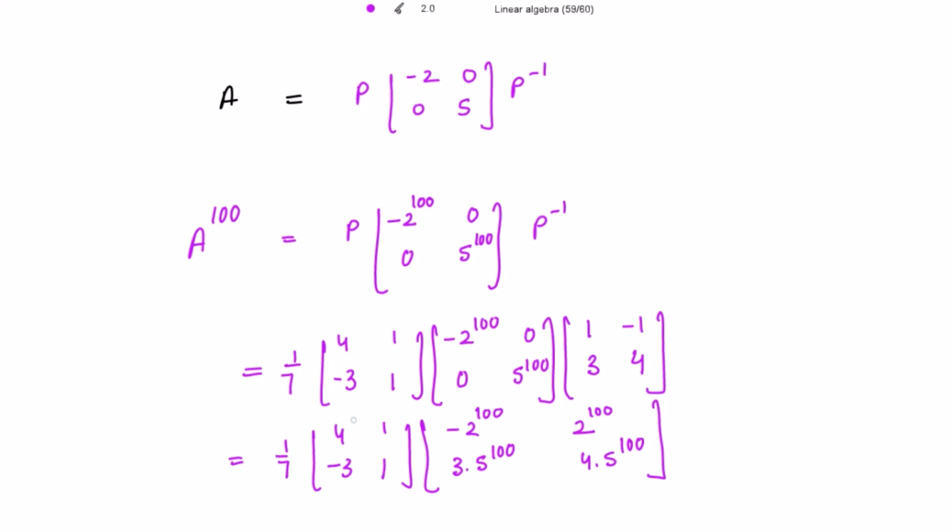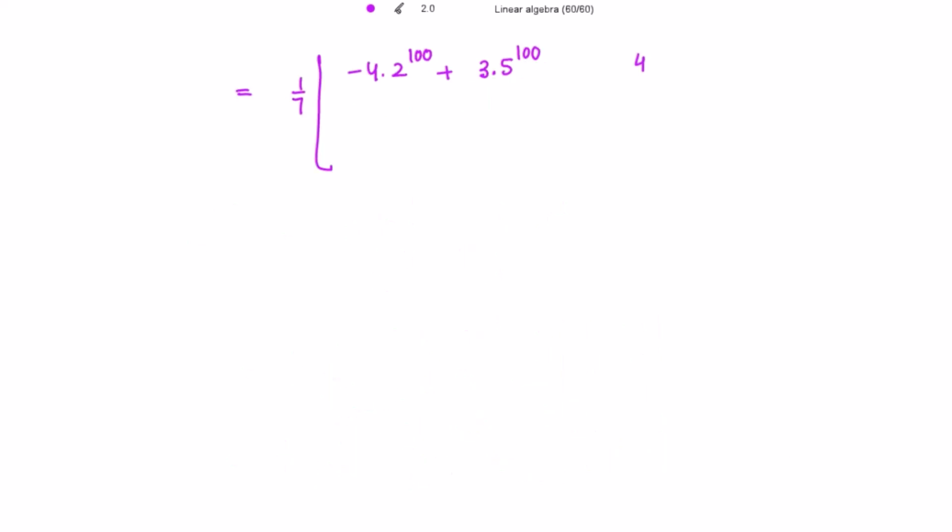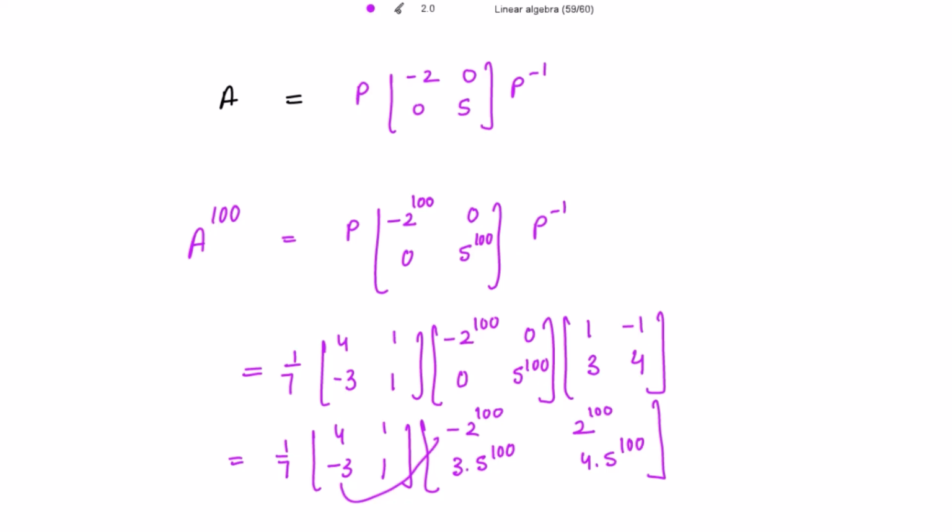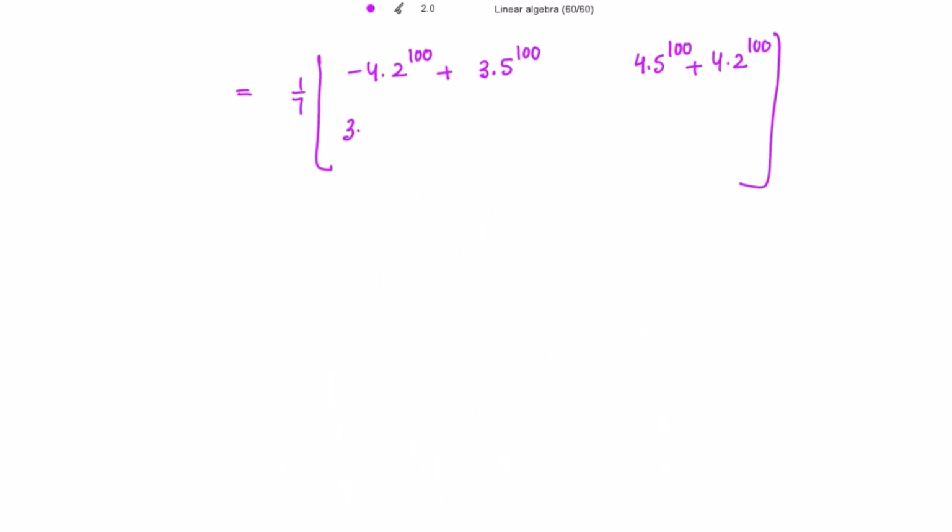To get the second element, multiplying 4 with this plus 1 with this, we get 4 into 5 power 100 plus 4 into 2 power 100. Then multiplying minus 3 with this plus 1 with this, so this is 3 into 2 power 100 plus 3 into 5 power 100.